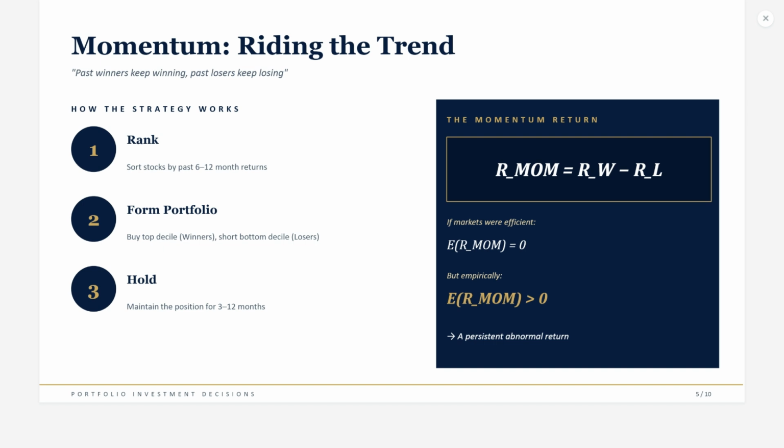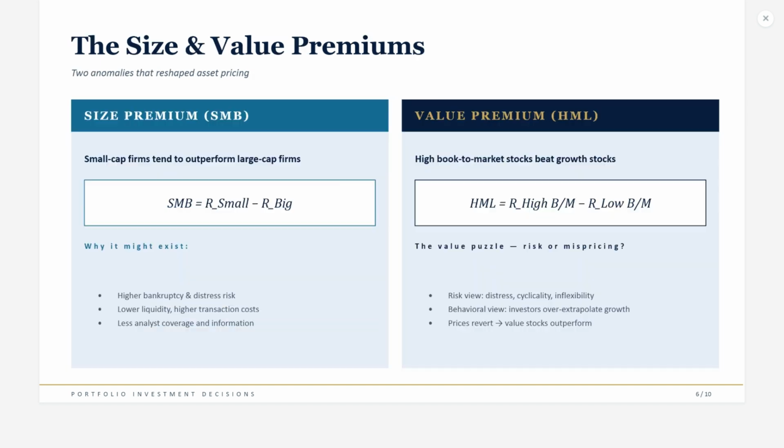The return of momentum is R_W minus R_L. If markets were efficient, the expected return of momentum would be zero, but empirically we see that it's larger than zero, which denotes a persistent abnormal return.